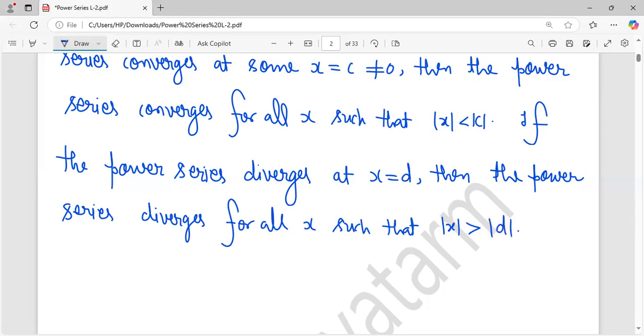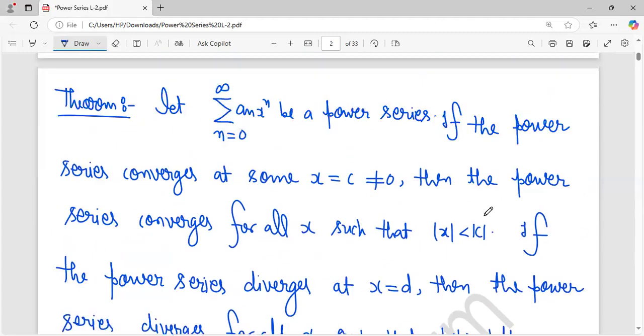So I am calling the first part A, and this part B, because these are two different parts.